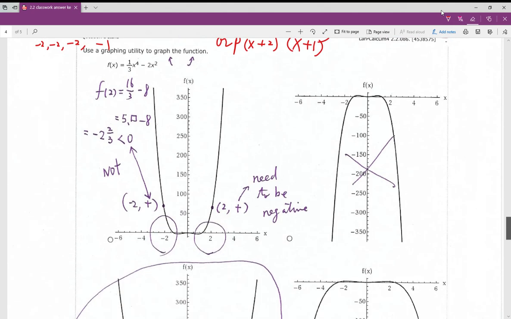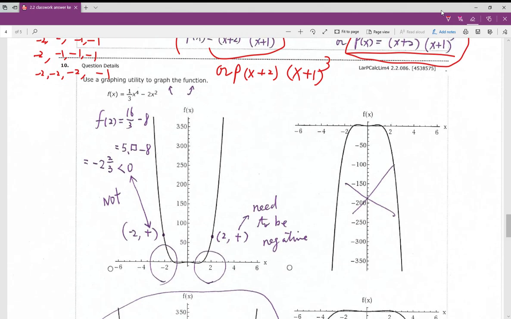Number 10, they ask you to use a graphing calculator to graph, but actually, you can check the graph by hand.